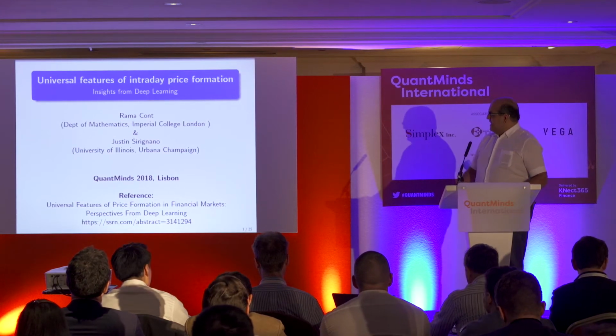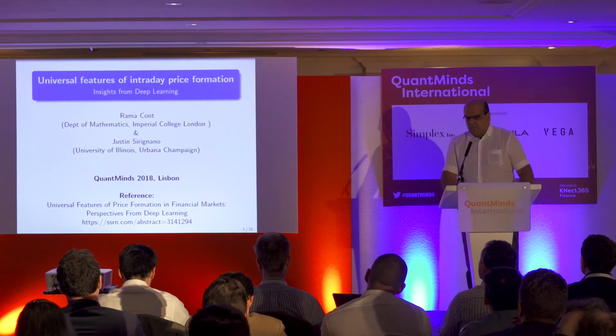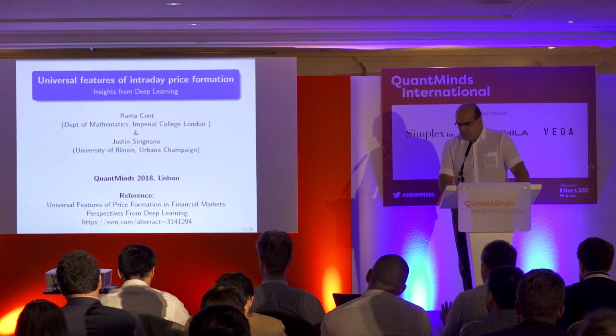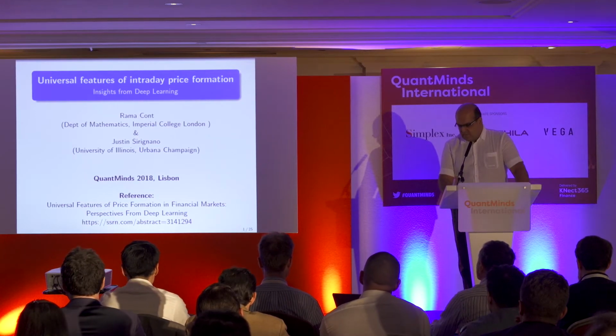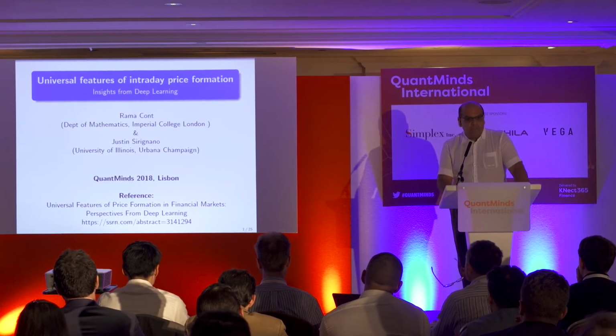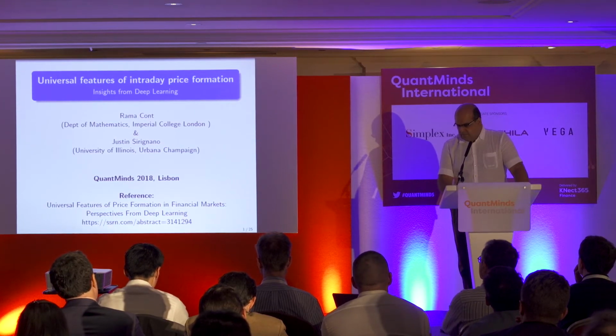So this is joint work with Justin Sirignano from the University of Illinois Urbana-Champaign. This is a study of limit order book data at high frequency, where we use deep learning techniques to uncover some nice properties of this data.